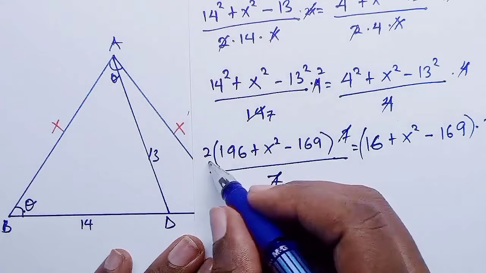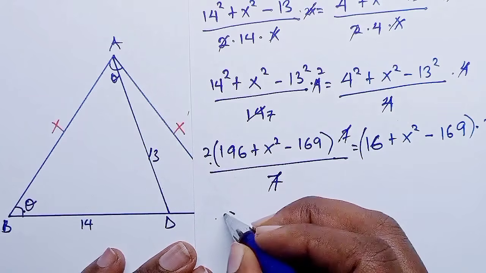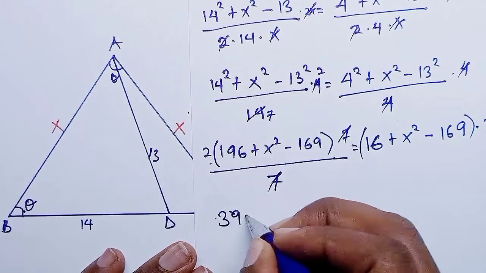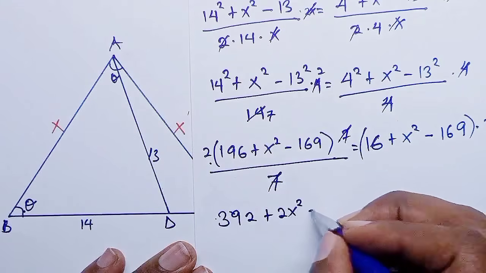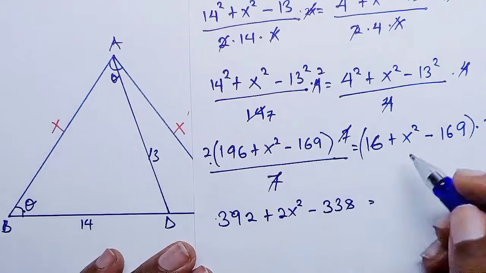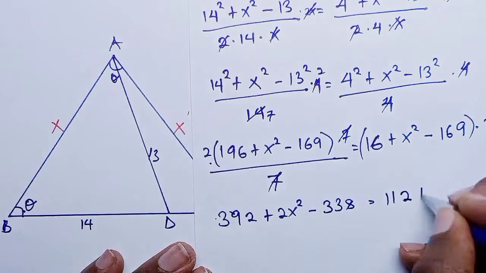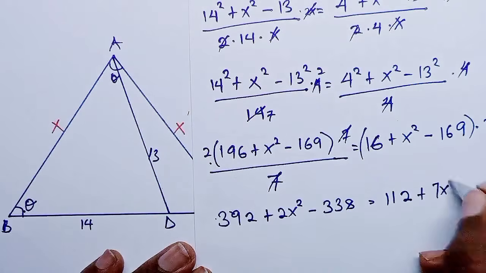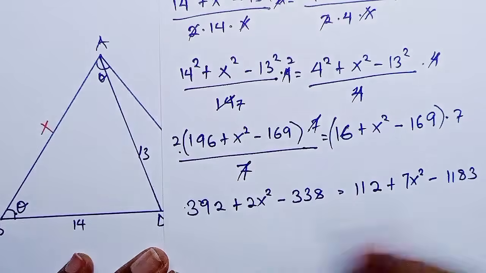So we have 2 times 196, which is 392 plus 2 times x squared minus 2 times 169, which is 338, is equal to 16 times 7, which is 112, plus 7 times x squared, minus 169 times 7 is 1183.